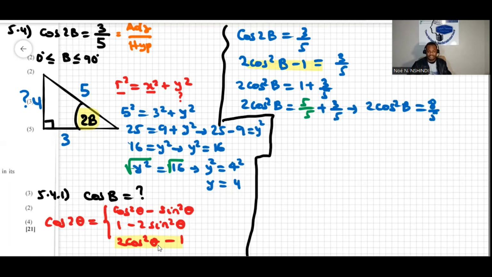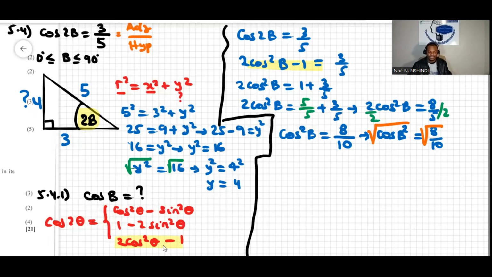Then we divide both sides by 2, so cos squared B equals 8/10. We can find cos B by taking the square root of both sides.